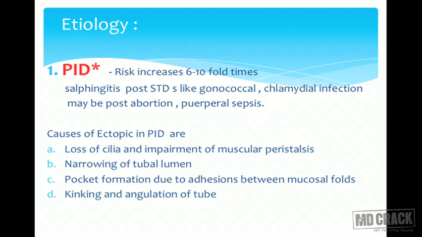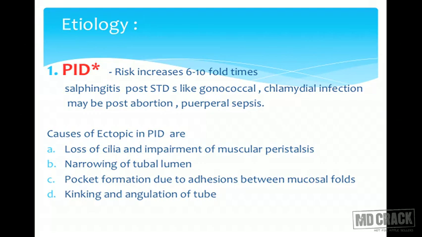Salpingitis may be post sexually transmitted diseases like gonococci, chlamydia infection. Infection may be post-abortal or puerperal sepsis. So these infections damage the cilia which transfer this embryo from the fallopian tube to the uterine cavity, thus leading to ectopic pregnancy in the next pregnancy.